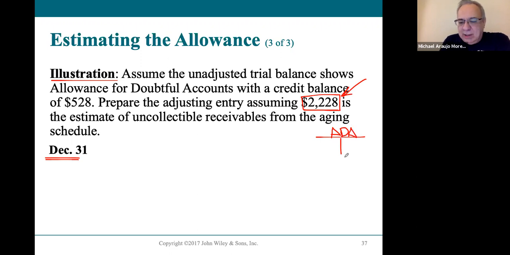We want our balance to be $2,228. That's basically what we just did. We've calculated what our balance is. However, when we look at the account, there's already $528 in it on the credit side.